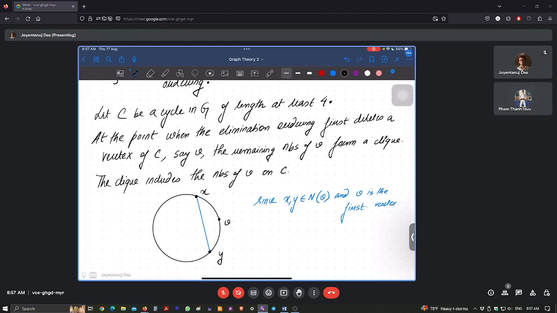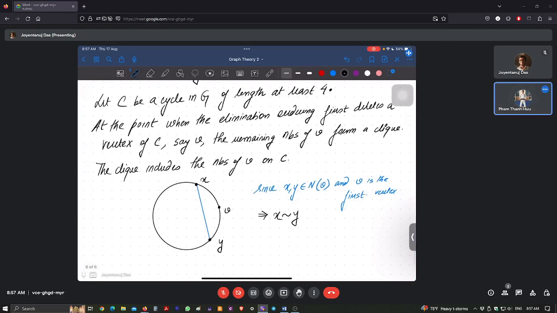So X and Y must be adjacent, right? So X is adjacent to Y. This implies that this cycle has a chord, because X and Y are adjacent. So the cycle C has a chord.